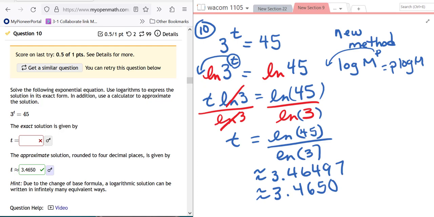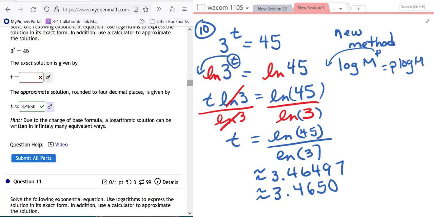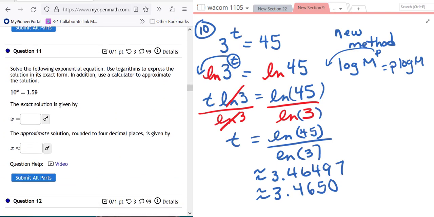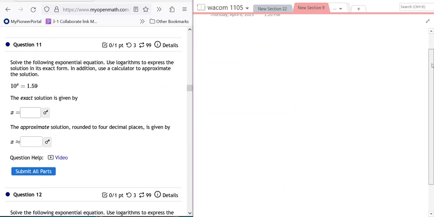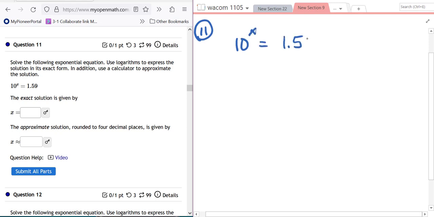All right, next I picked 11. This one you need to use common log on, because it is base 10. So we have 10 to the x equals 1.59. There is no way to write 1.59 as 10 to a power, so we need to take a logarithm to force the exponent to come down.